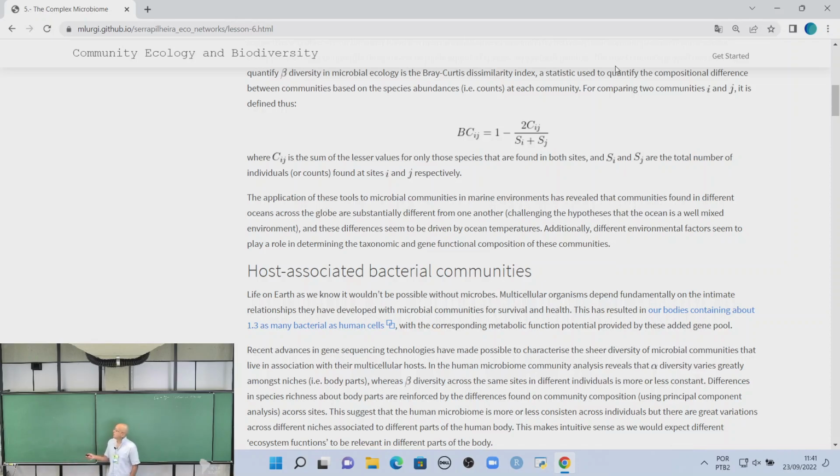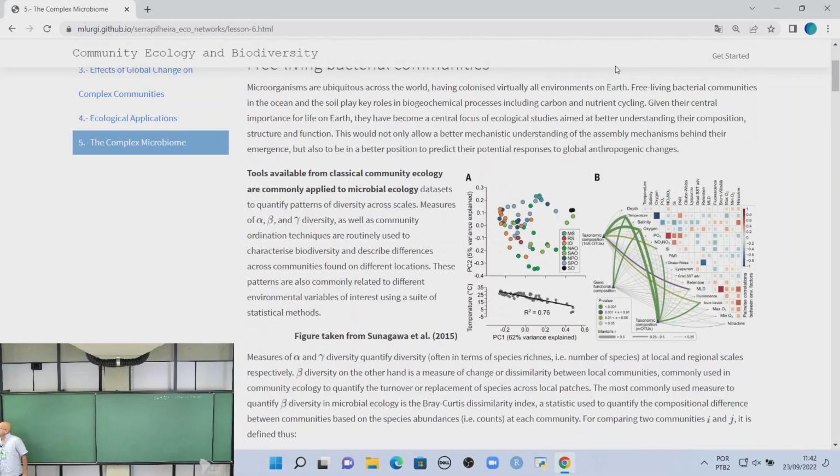Applying this to a pair of communities will give you a distance, how different these two communities are. And then you can use this information to quantify these kinds of differences in community composition. So the distance between points in here is proportional to some sort of metric like that, right? So this is a way of quantifying difference in diversity.